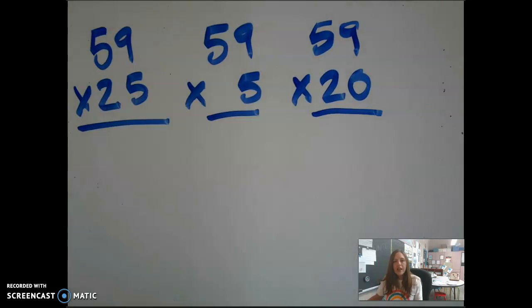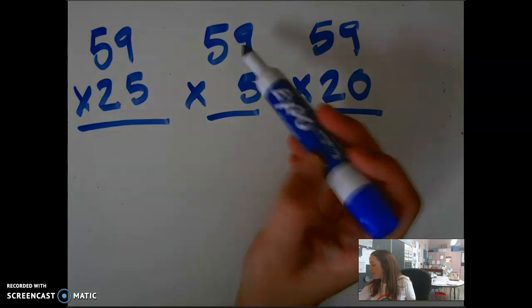So I know that we know this from 4th grade, but I just wanted to remind you that multiplying 59 times 25 is the same thing as multiplying 59 times 5 and adding that product to what we get when we multiply 59 times 20. So I am going to separate it at first and then combine it to show you how it works.